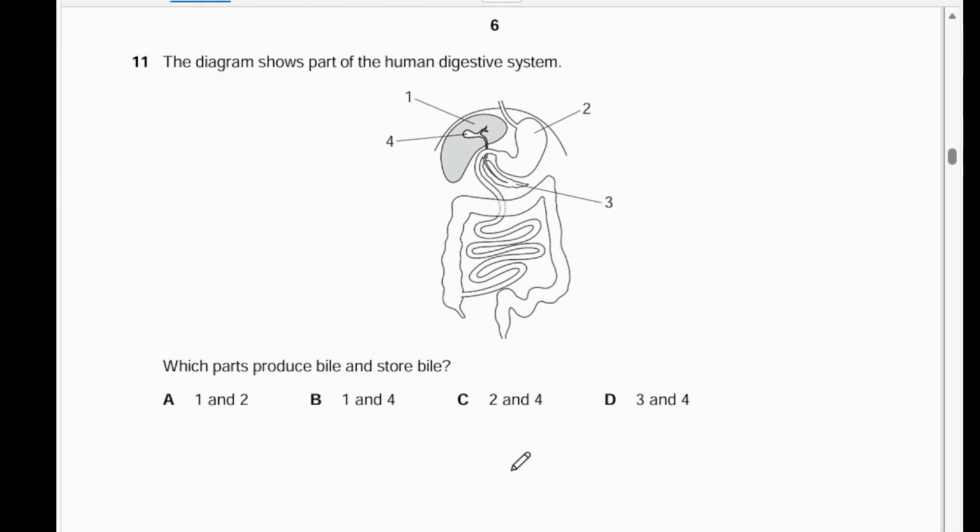Okay, a diagram is given and is related to the digestive system. What part produces bile and what stores bile? Bile is produced by the liver and stored in what?